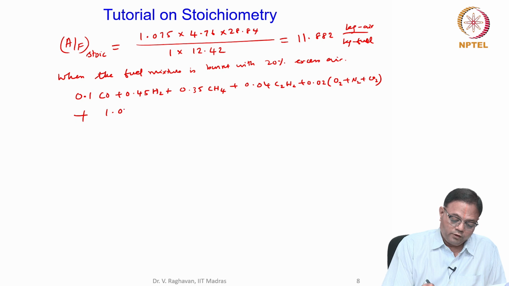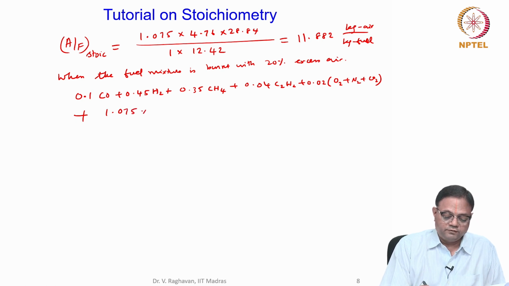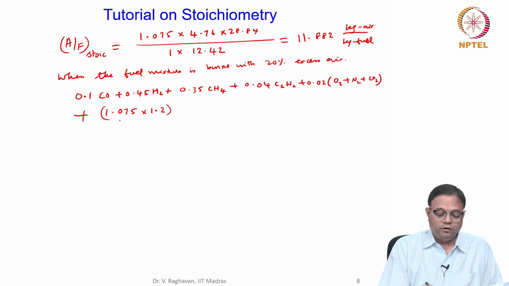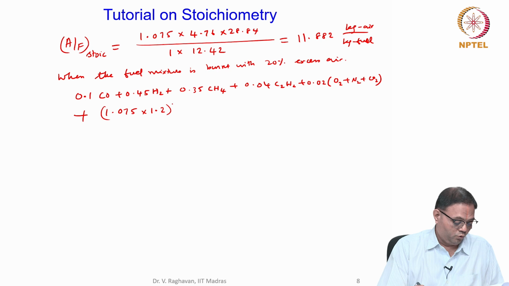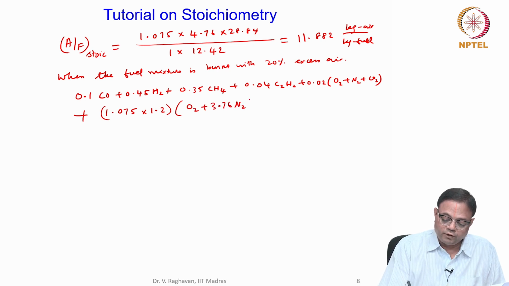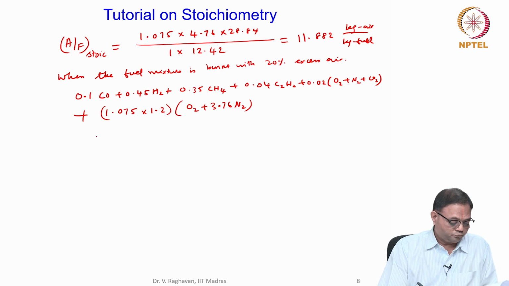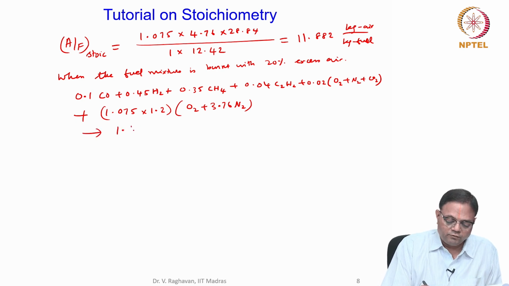Now 20% excess is added, so I will multiply A by 1.2, that is 1.075 into 1.2 times (O2 plus 3.76 N2). Now products obviously 1.19 H2O.